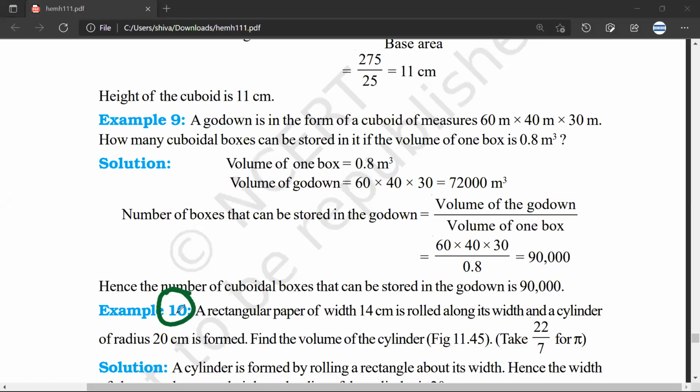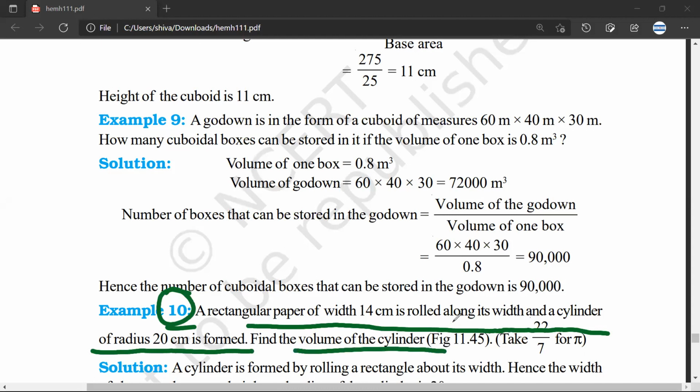So Mr. Sarthak, a rectangular paper of width 14 centimeter is rolled along its width and a cylinder of radius 20 centimeter is formed. Find the volume of the cylinder. Mr. Sarthak, how can we do this question?